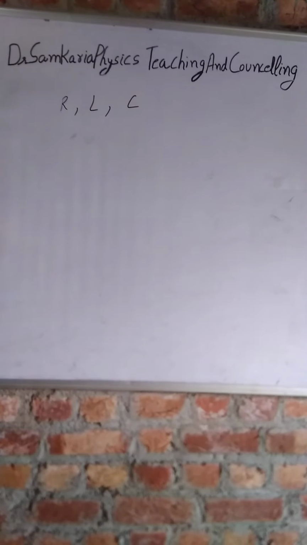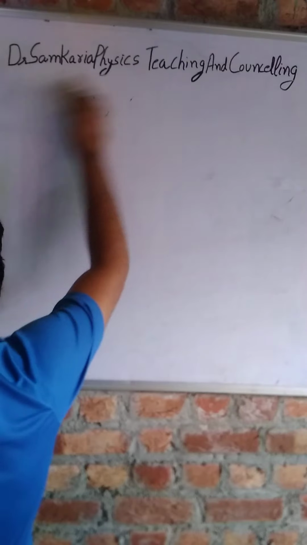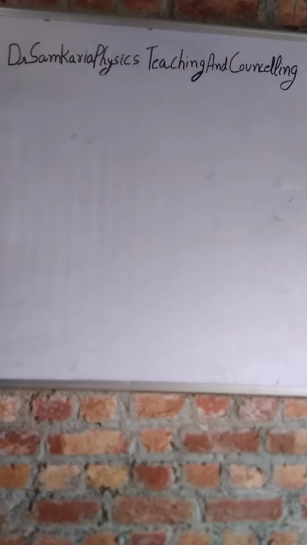Moreover students, the most fundamental theory of physics, quantum mechanics, is described by the Schrödinger wave equation, and in that equation you have the imaginary number i in it. So these numbers are so important to study physics.